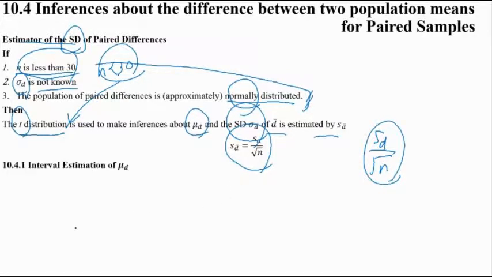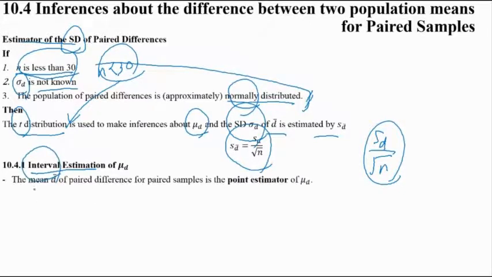We have two things to think about: first, the interval estimate, and second, the hypothesis test. First, the interval estimate. The mean D bar of the paired difference is the point estimate of mu D, like X bar was the point estimate of mu before. Same idea.